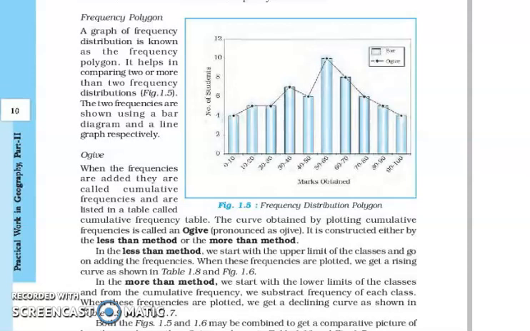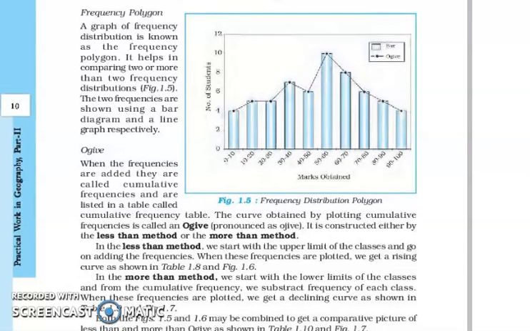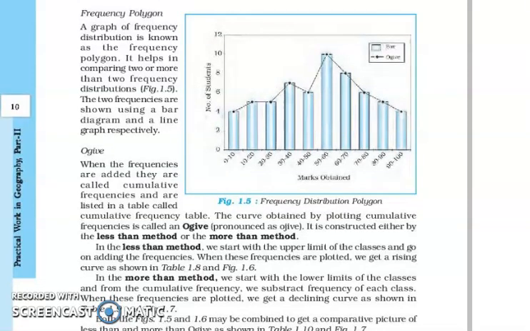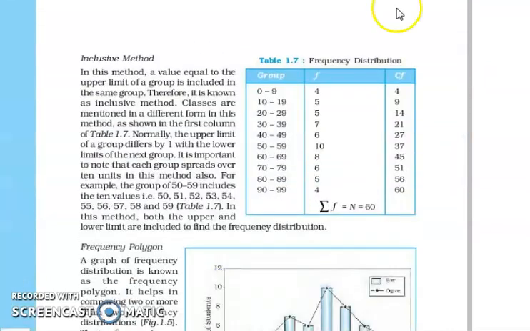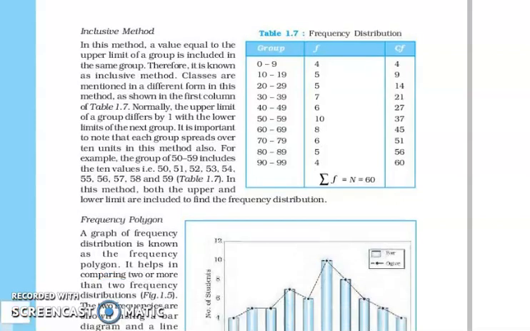In the case of the frequency distribution, suppose the class groups are given as 0 to 10, 10 to 20. In this way the class groups are given, and for those class groups the frequencies are written, like you can see in this one. 0 to 10, the frequency is 10, then the frequency is 5, 5 again.